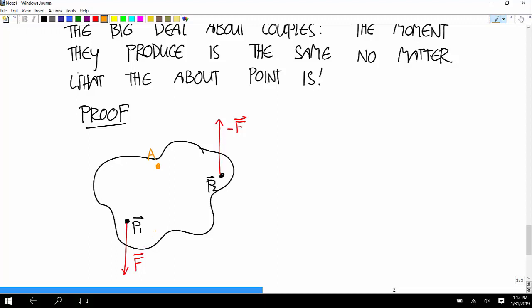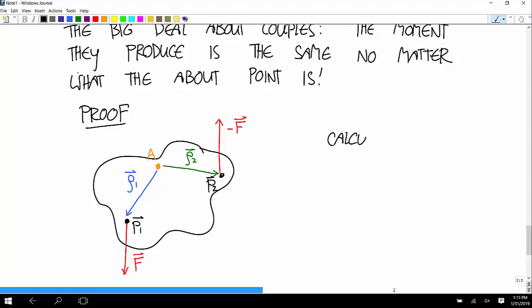The A that starts out in there when we go through all the algebra is going to disappear, and what it's going to say is it doesn't matter where A is, we get the same answer. We'll call this rho 1 and this rho 2.